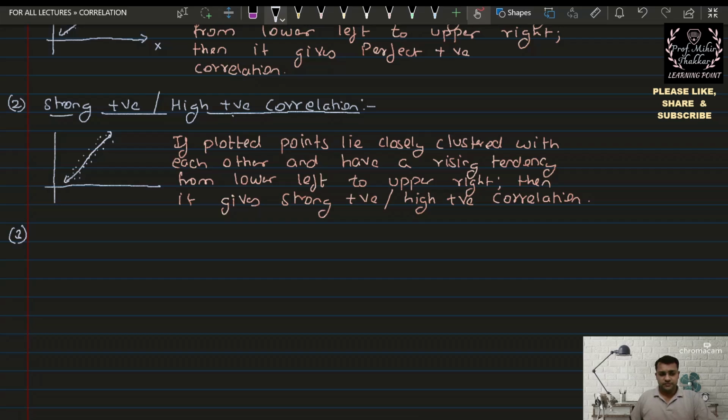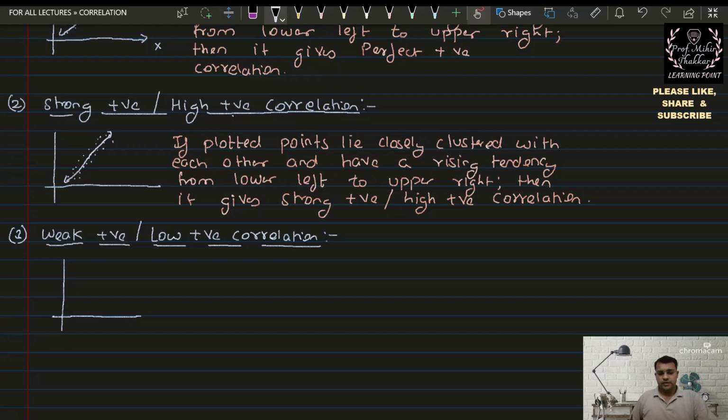Point number 3, weak positive or low positive correlation. Again a rough diagram for that, with the x-axis and the y-axis. In this case, the points do show a rising tendency, but you can observe that they are not very close to each other like we had in the above case. The points are slightly away from each other.